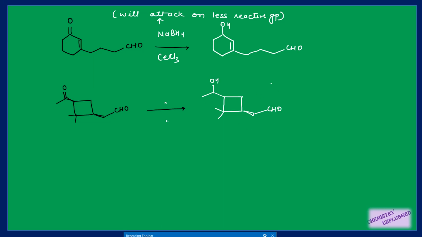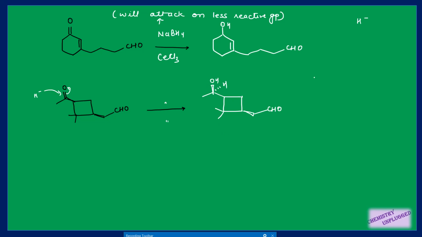Because we have this group attached above the plane, the hydride, sodium borohydride basically provides us H minus. So this hydride will attack from the less hindered side, that is from below the plane. And when it attacks from below the plane, this OH will come above the plane, right? So this will be the side of attachment of OH.